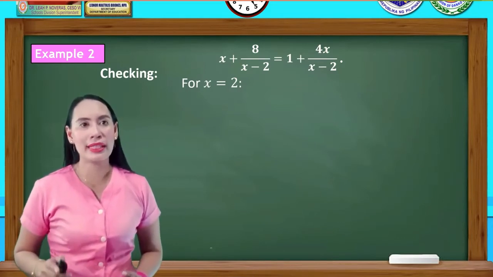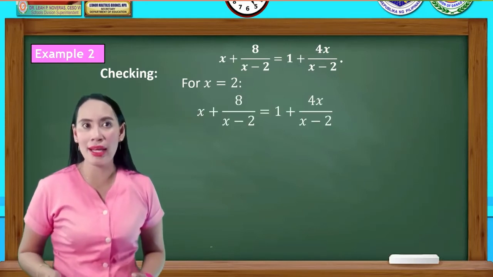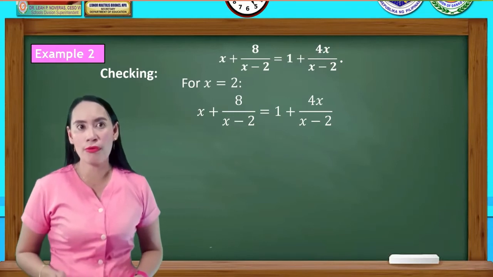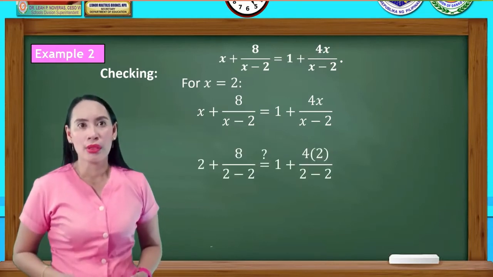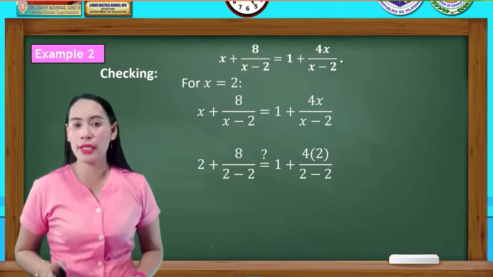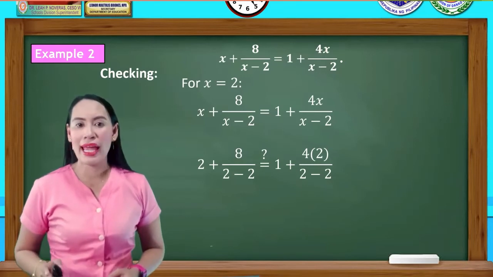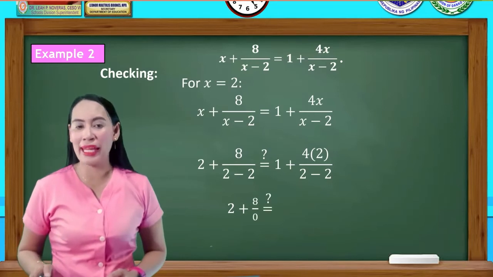Next, let's find out the next value of x, which is 2. So, for x is equal to 2, we substitute to the original equation. So, 2 plus 8 over 2 minus 2, is it equal to 1 plus 4 times 2 over 2 minus 2? 2 plus 8 over 0. Is it equal to 1 plus 8 over 0?